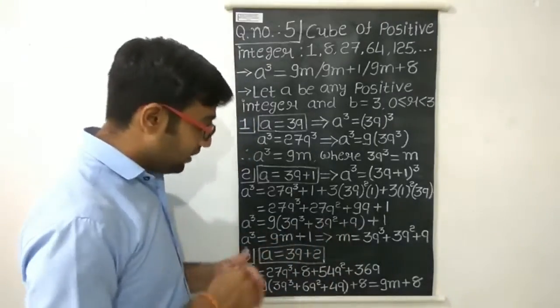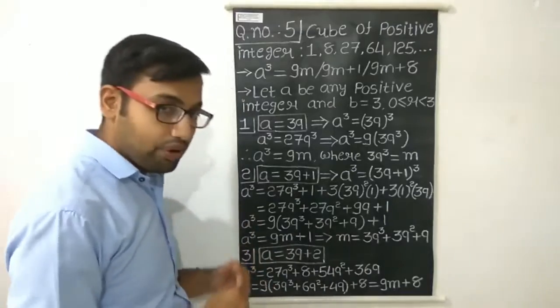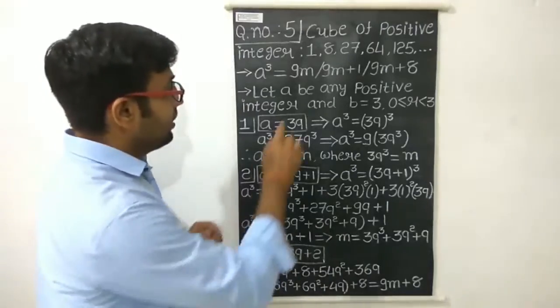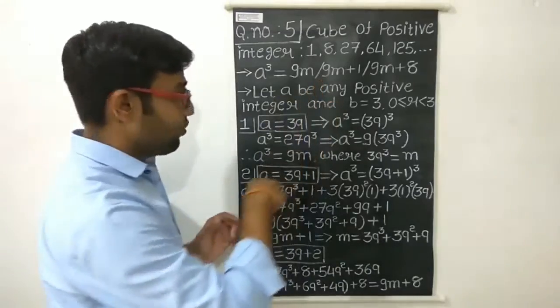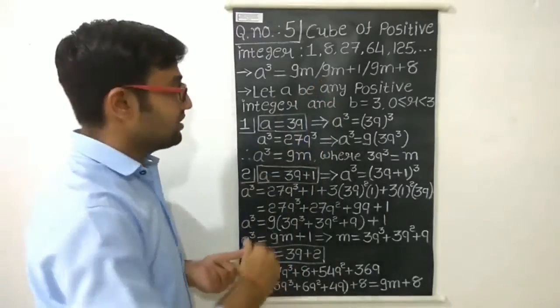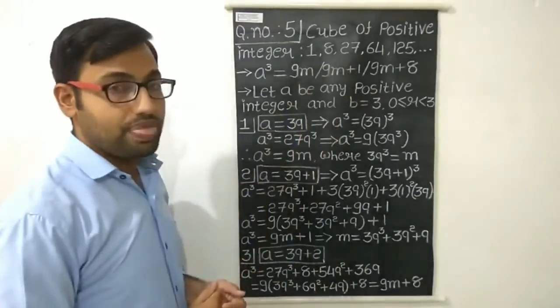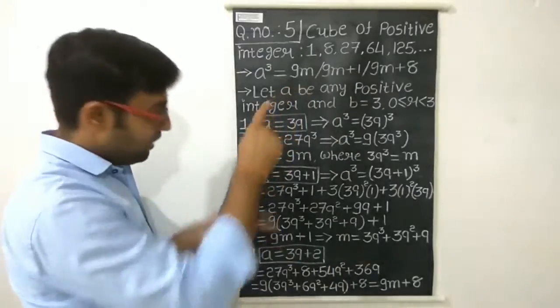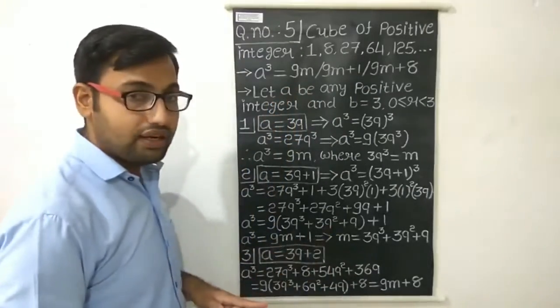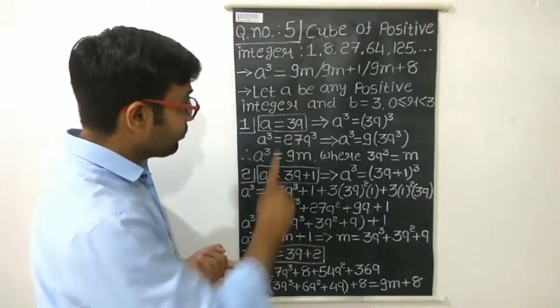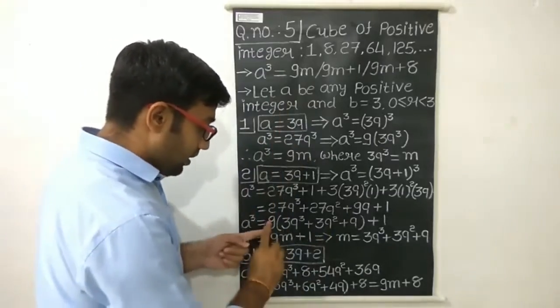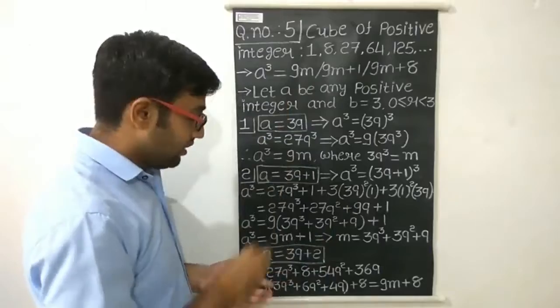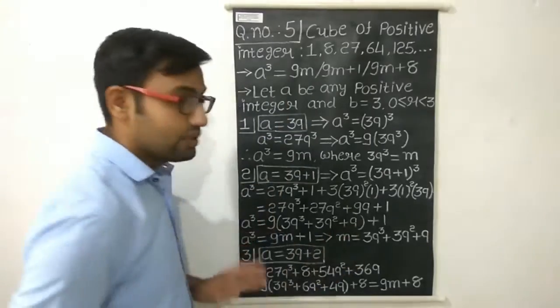We do not take q as a common because we have to represent the answer in the form of 9m plus 1. So according to the output we have to apply the input, right? That is why we process according to the output, and for that reason we do not take q as a common.